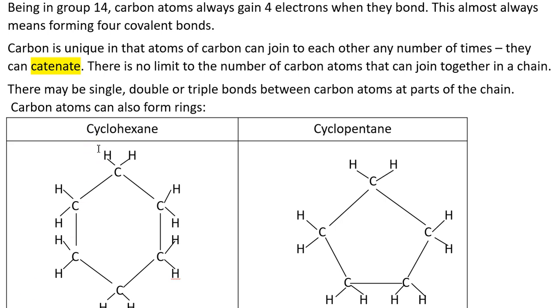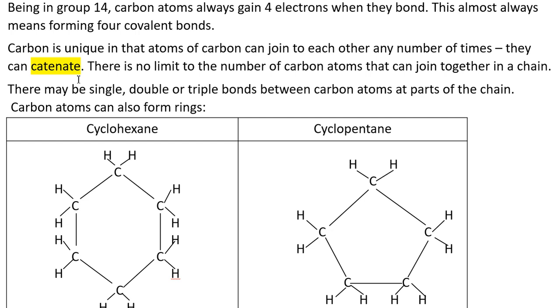Finally, being in group 14, carbon atoms always gain 4 electrons when they bond. This almost always means forming 4 covalent bonds. Carbon is unique in that atoms of carbon can join to each other any number of times. They can catenate.